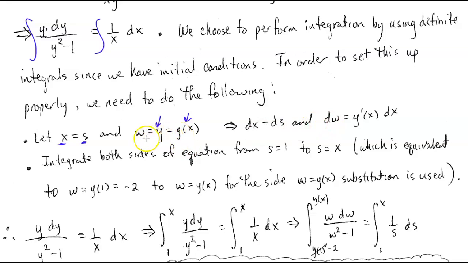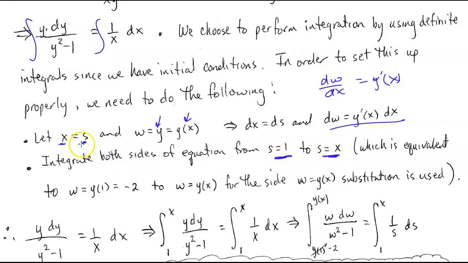If we do the same thing here, the derivative of w with respect to x would just be y prime of x. But of course, if I multiply both sides by dx, then I end up with it in differential form. So we do all this setup, and then we integrate both sides, where we let the lower limit of integration be 1 and the upper limit be x.